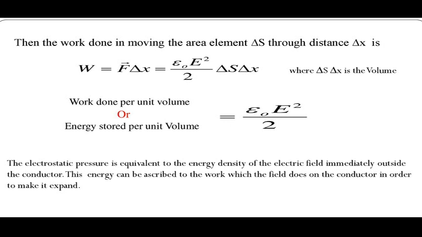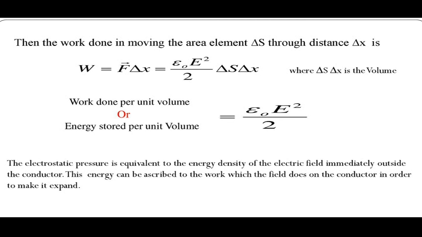Here delta S delta x represents the volume, and we can take this volume to the left hand side, which now becomes work done per unit volume. Work done per unit volume is also equivalent to energy stored per unit volume. So in the final expression we have this energy stored per unit volume as half epsilon naught E square.